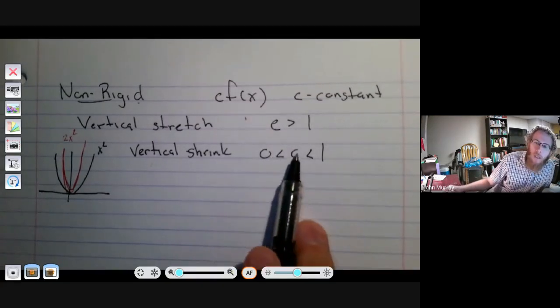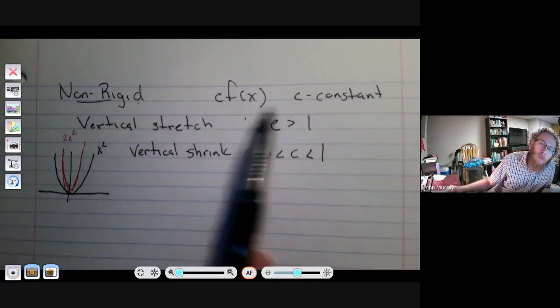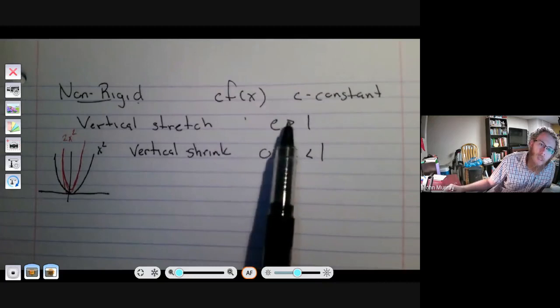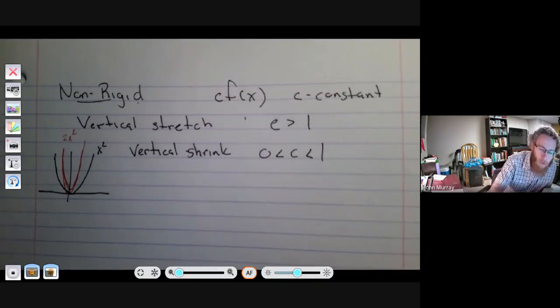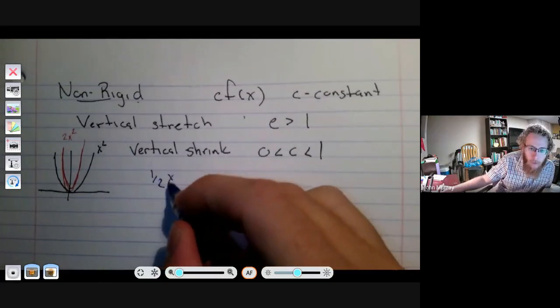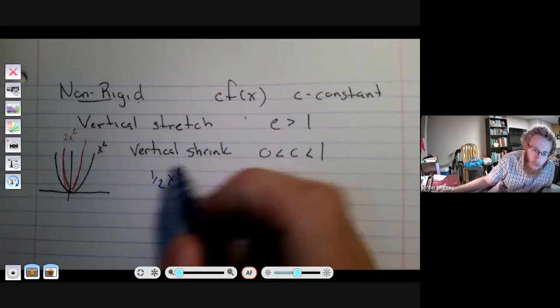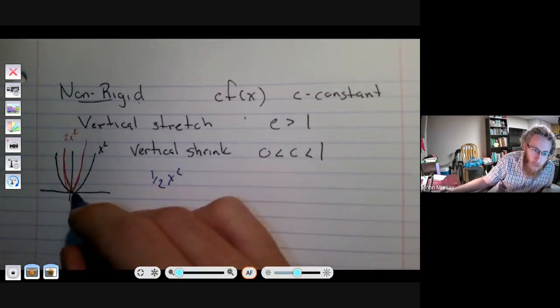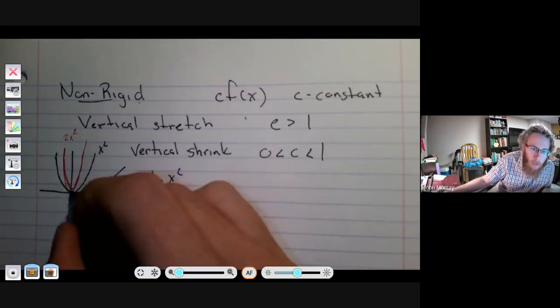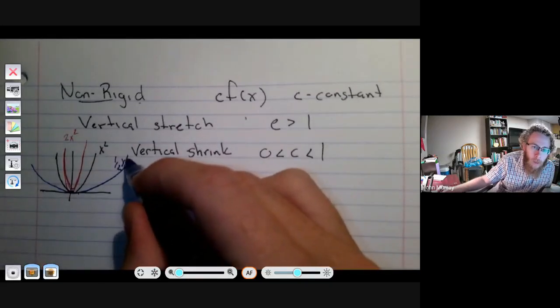I don't want to just say C is less than 1, because once I get into the negative numbers, we go back to the vertical stretch. Okay, so an example, if I had 1/2 x squared, okay, so that's going to shrink us vertically. So it kind of flattens us out, and we're going to have a wider parabola that way.